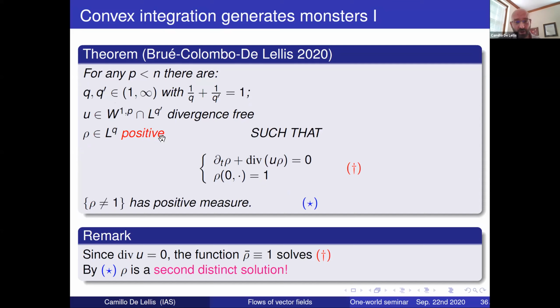But if you can make them positive, you can combine this theorem with something called Ambrosio's superposition principle, and as an effect, show the existence of multiple solutions to the ODEs for a set of initial data which has positive measure.